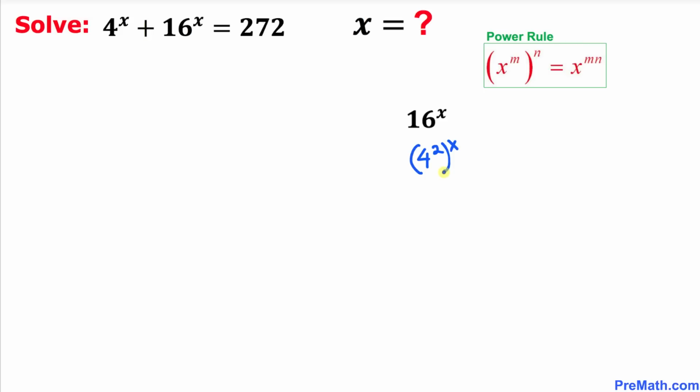Now since we are dealing with nested exponents, we are going to apply the power rule of exponents. So this could be written as 4 power 2x, and this in turn could be written as 4 power x and then power 2.